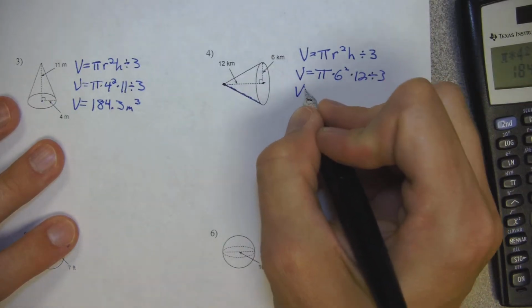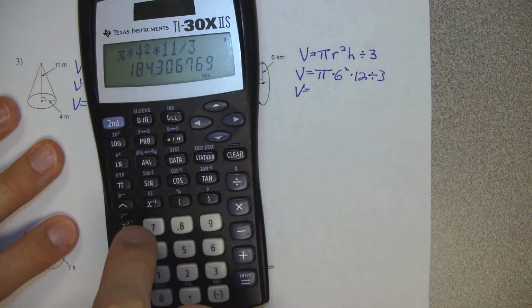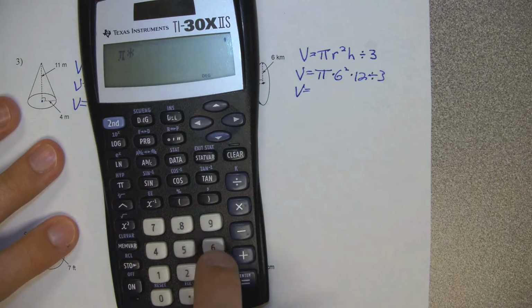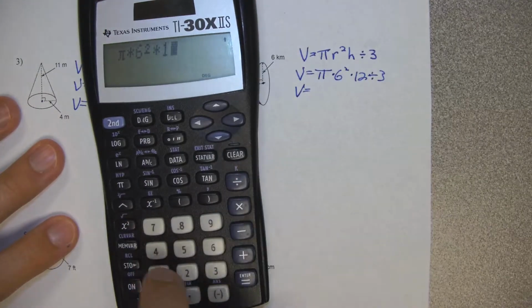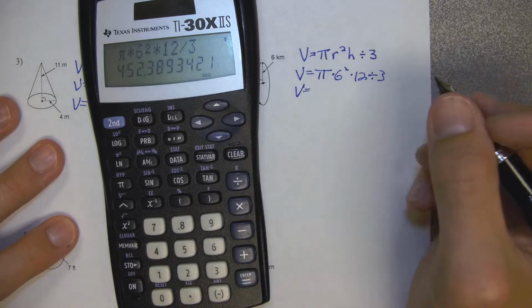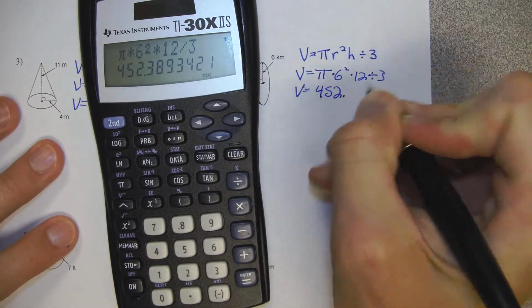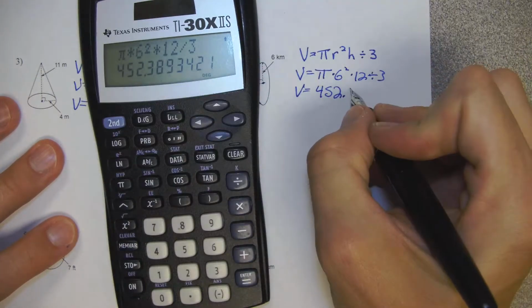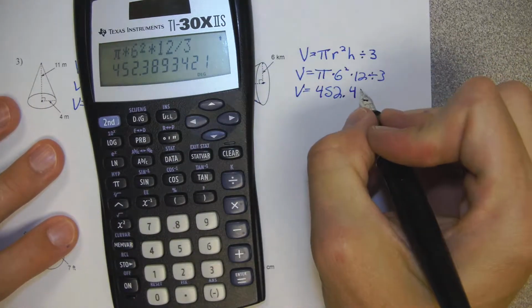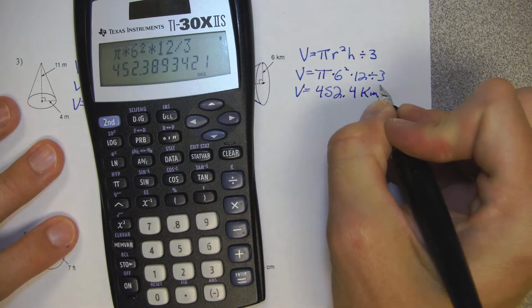So here we are. Pi times 6 squared times 12 divided by 3. Goodness gracious, we're looking at 452, and once we round to the tenths position, 4/10 kilometers cubed.